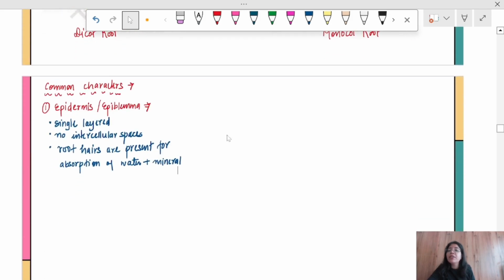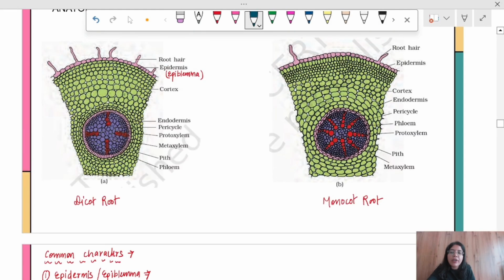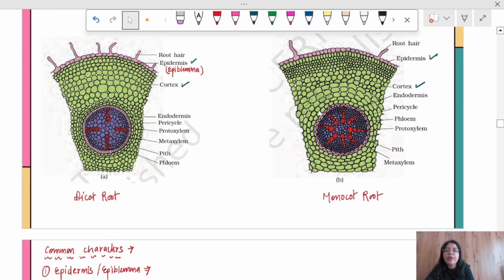Next layer to epidermis is cortex. Can you see any differentiation in the layers of cortex, with different layers marked here? No. After epidermis they have mentioned cortex, and all the cells look alike.